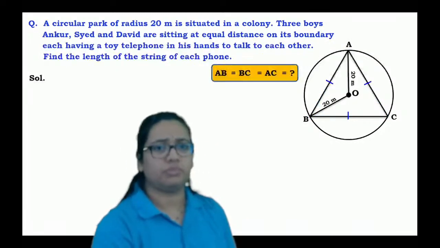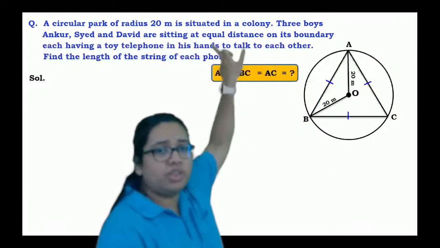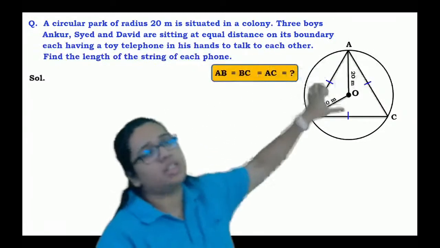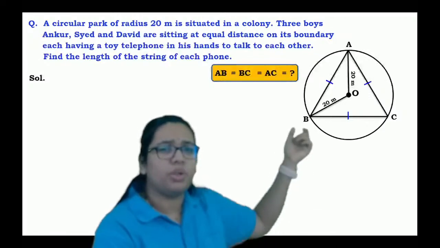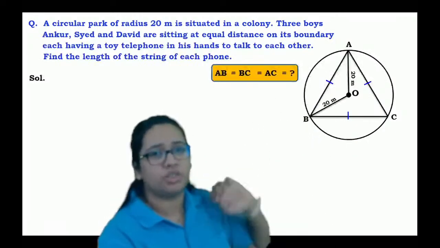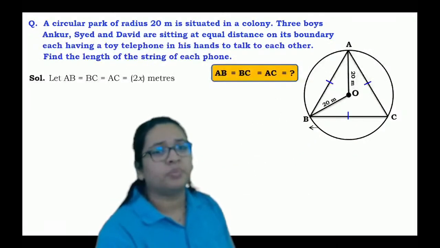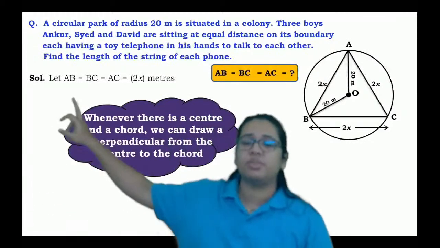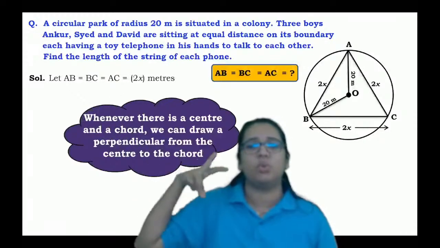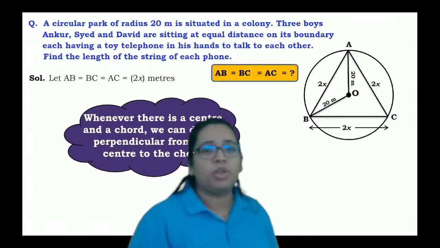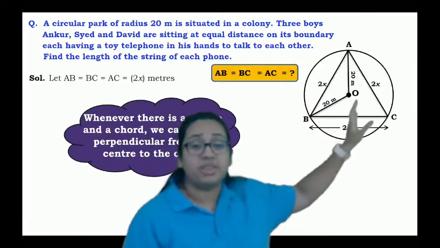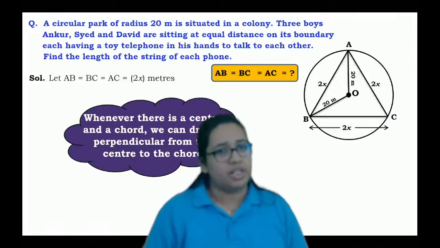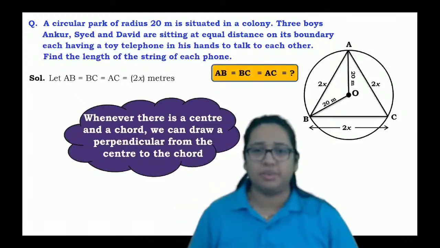Obviously, they have given that they are sitting at equal distance. As they are sitting at equal distance, we know AB equals BC equals AC. So let us consider that the length of segments AB, BC, AC equals 2x, because AB or BC or AC is nothing but a chord of the circle.